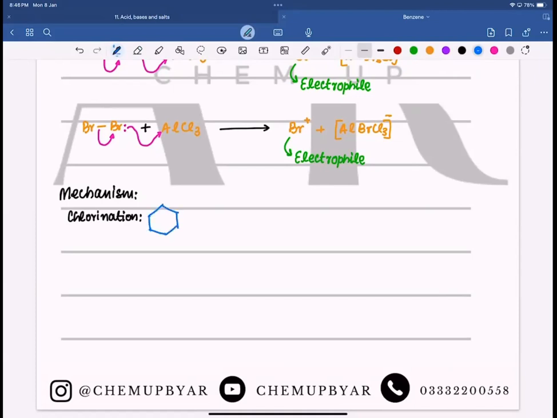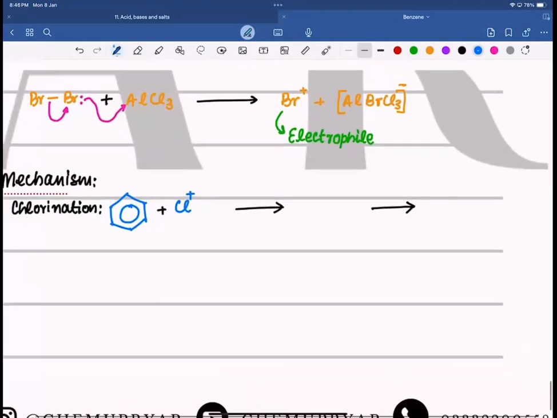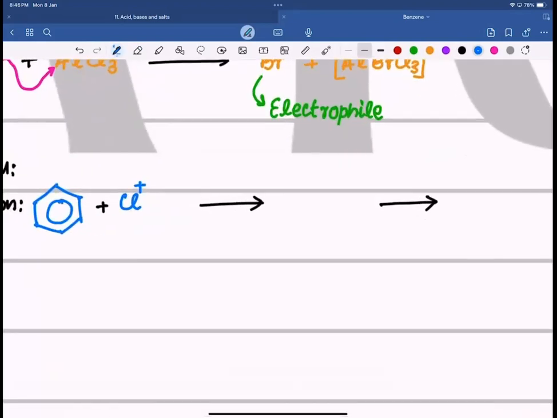Here we have the benzene ring and we have the electrophile. The benzene ring has a high electron charge density, so the electrophile will obviously attract it towards itself and come closer.